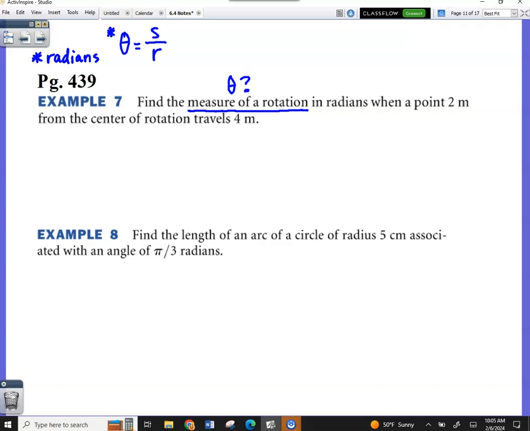When a point 2 meters from the center, what's that? That's the radius. So the radius is 2 meters. When a point 2 meters from the center of rotation travels 4 meters, that's S. They're telling you the distance traveled.